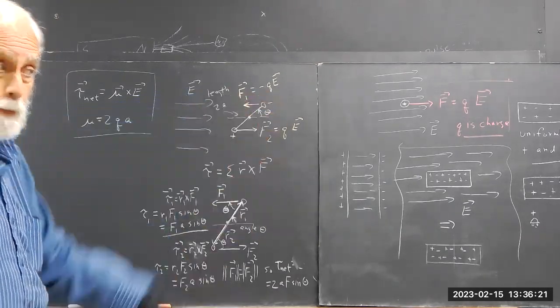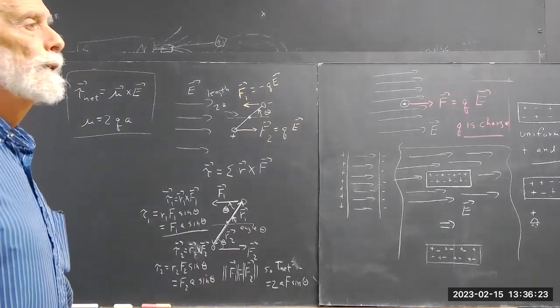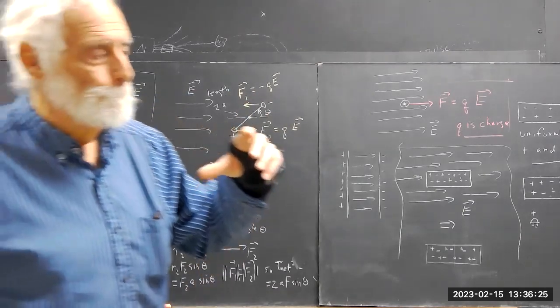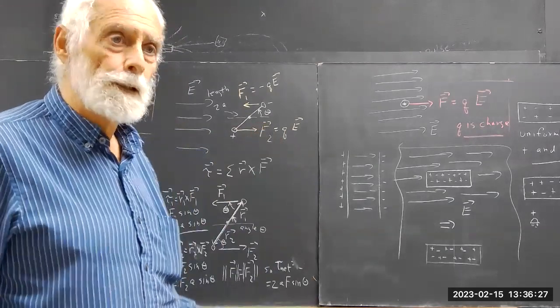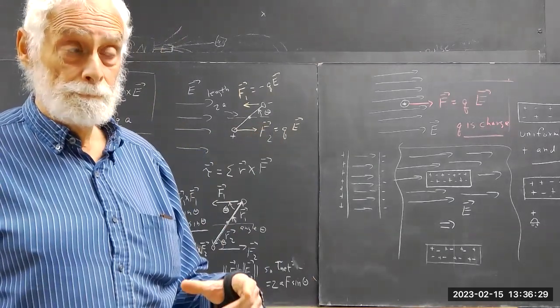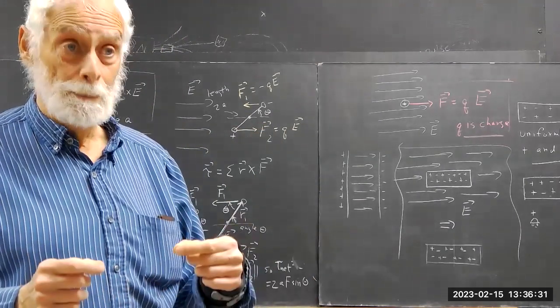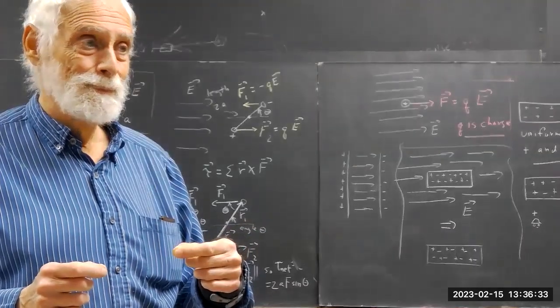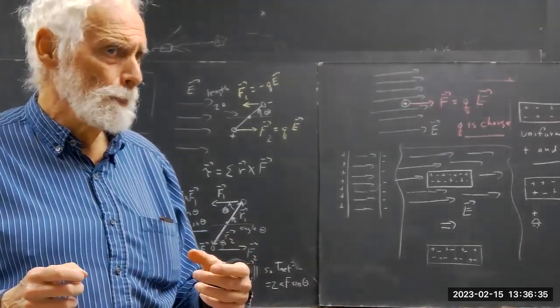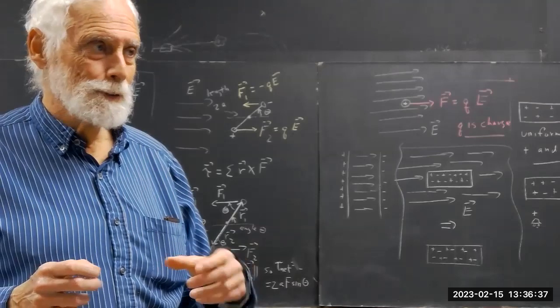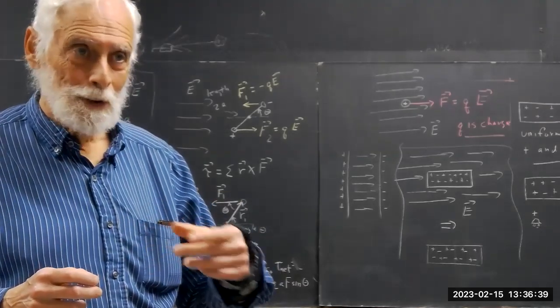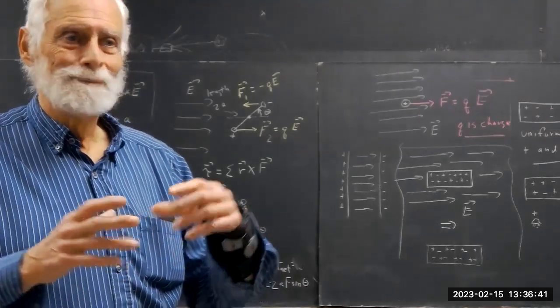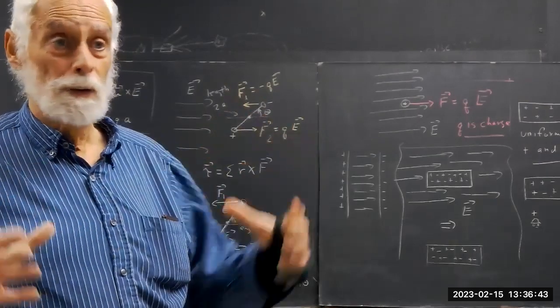So if you're trying to look at the dipole moment of an atom, you know what the charges are, but not really, because the electron charge is distributed over sort of a cloud.